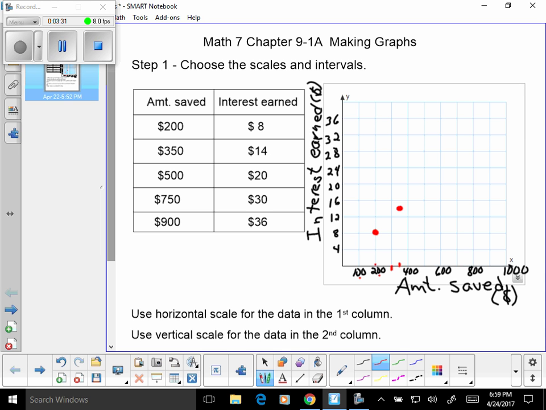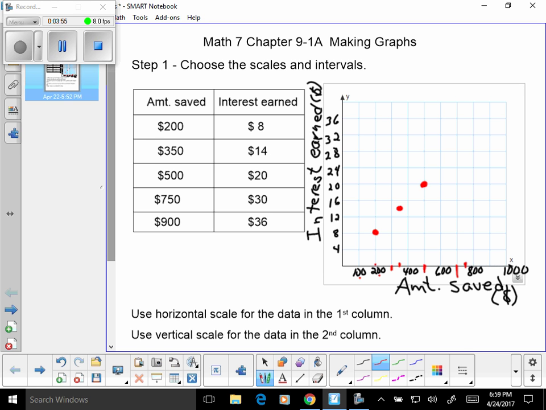Now for 500, I am going to graph it at 20. So 400, 500 will be at this red mark. I will go up to 20 and make a dot. For 750, I'm going to have to do something pretty similar to the 350, aren't I? Because here's 700, so here is 750.